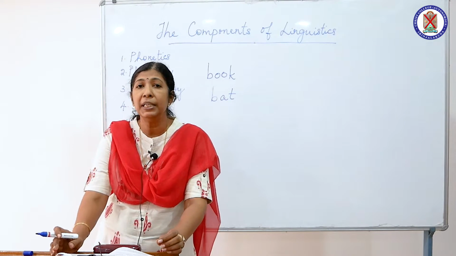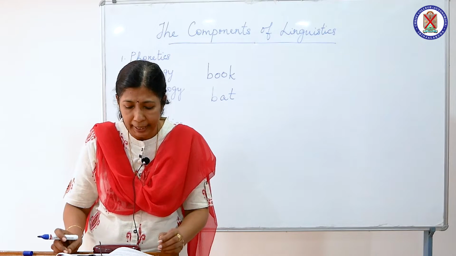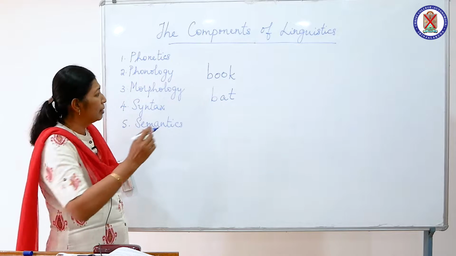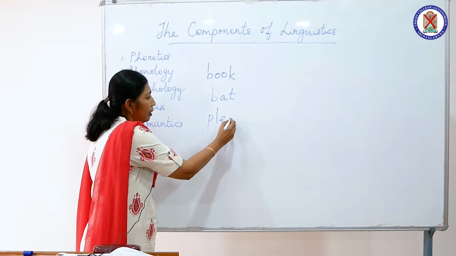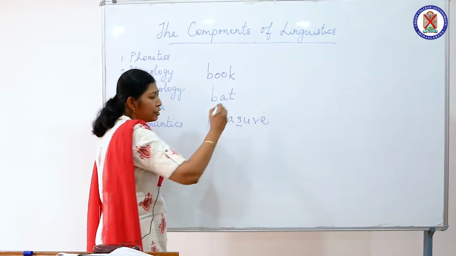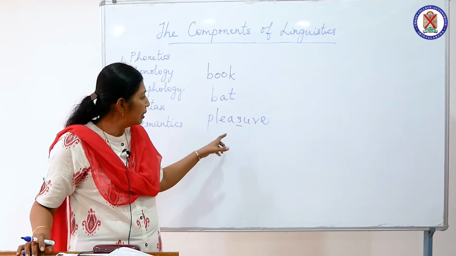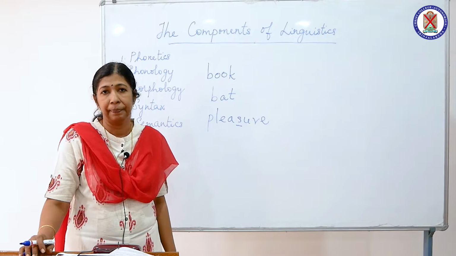So, phonology deals with the selection of sounds. To give you an example, the sound represented by the letter S in the word pleasure. If you consider the word pleasure, the sound represented by the letter S is zh.